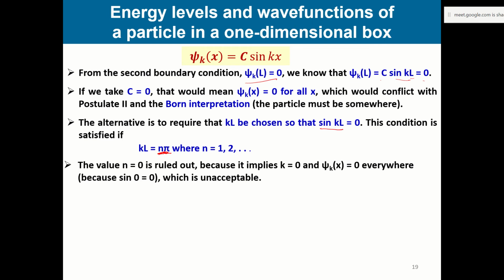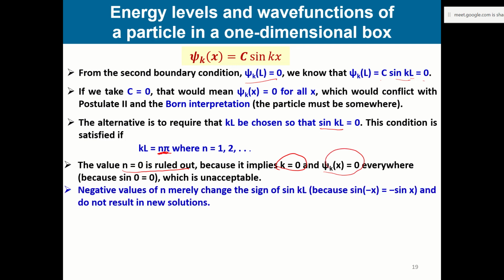In this case, n equal to 0 is ruled out. The n value cannot be 0, because then k will be 0 and psi kx will be 0 everywhere, which is again unacceptable. Negative values are also unacceptable. So there is a total set of justification why we are saying that n can vary 1, 2, 3 onwards.